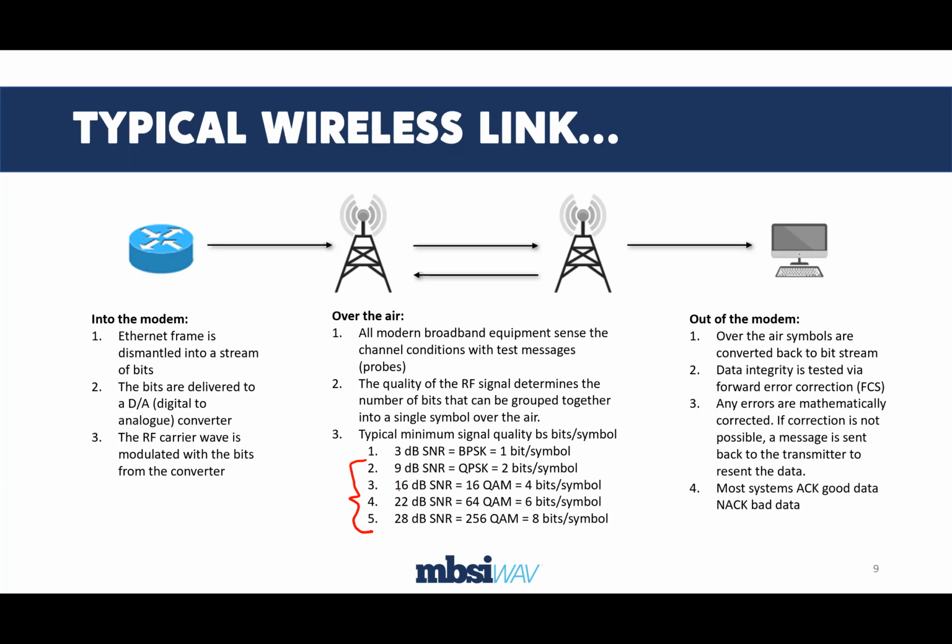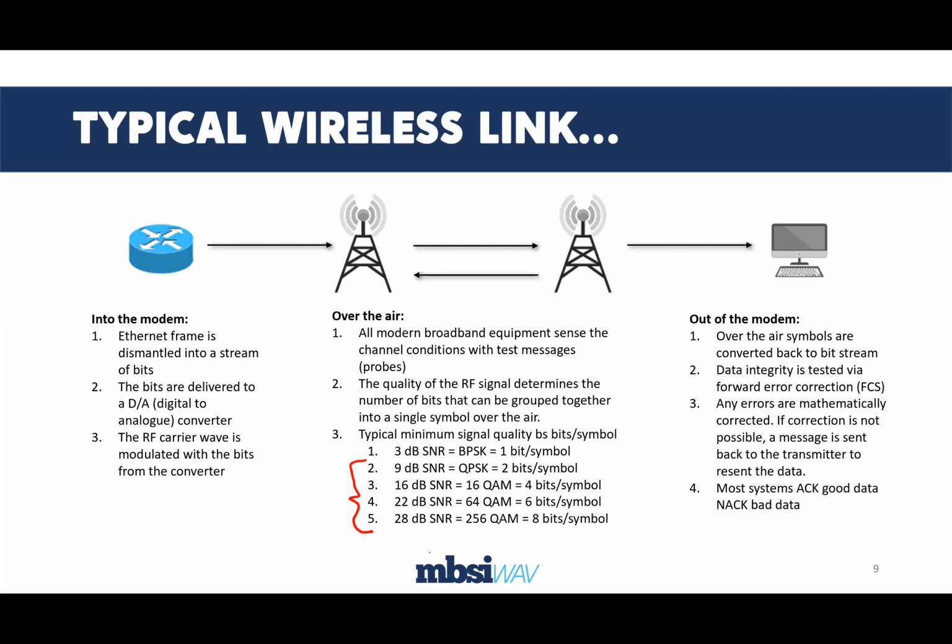These numbers vary slightly by manufacturer, and everybody normally puts the numbers on their data sheets in some form or another. You can figure out what this is, but that's what I need to be able to plan my network and get the right capacity out of my network.